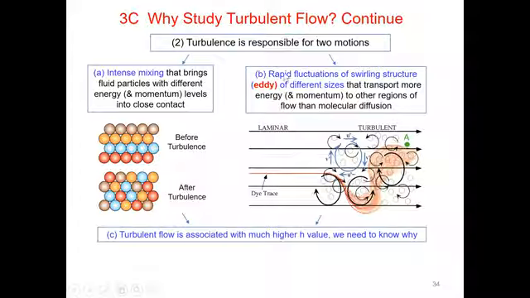The second motion that turbulence is responsible for is a rapid fluctuation created by the swirling structures of different sizes, some big as an airplane, some small. These swirling structures are also called eddies.